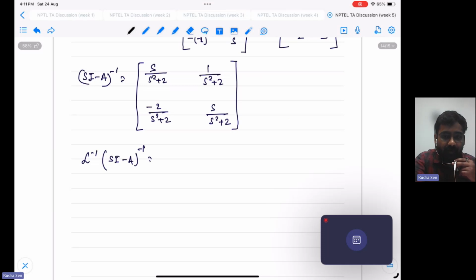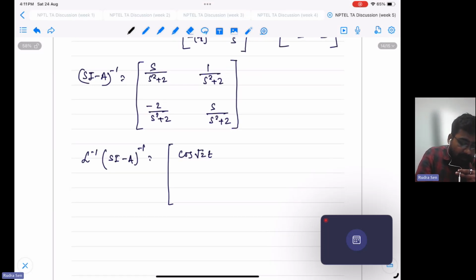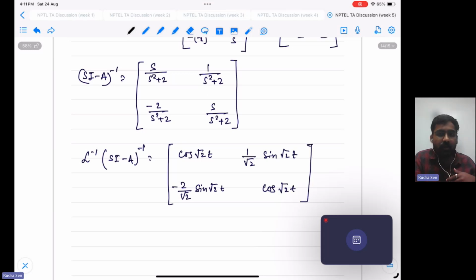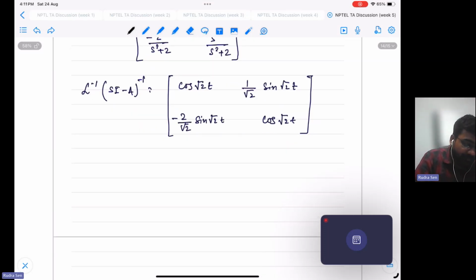This is basically cos of root 2 t, 1 by root 2 sine of root 2 t, minus 2 by root 2 sine of root 2 t, and cos of root 2 t. So this is your state transition matrix.